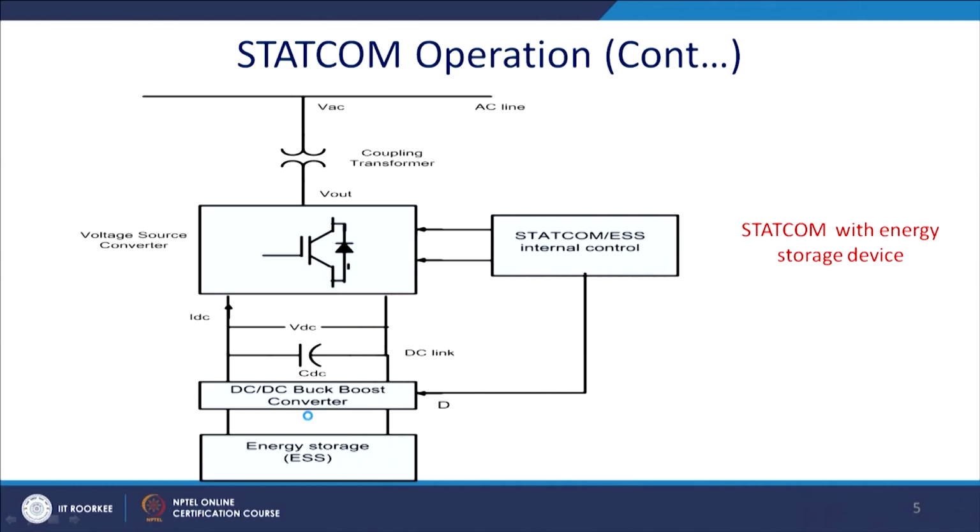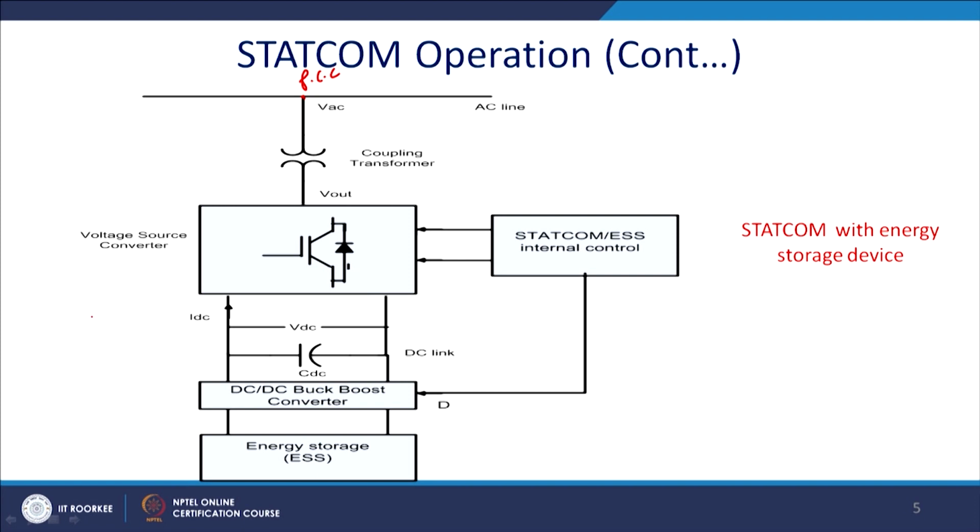Now, this is the schematic of the Statcom. Generally we require a coupling inductor, and this inductor is coupled to the coupling transformer, which is connected to the point of common coupling, called PCC. This transformer is required because the device rating may not match the system rating, so we need to reduce the voltage level.